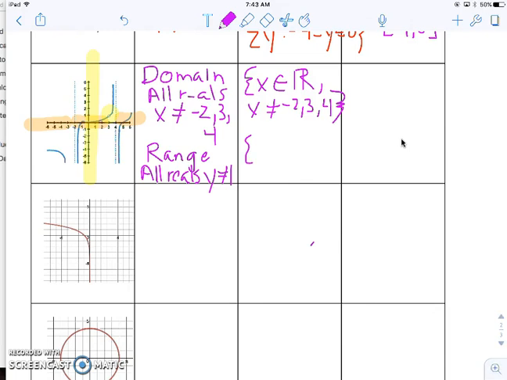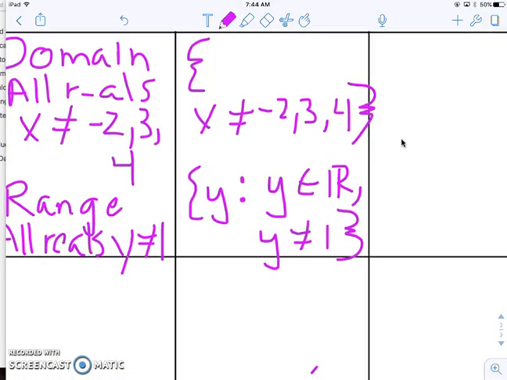And then we can do our y such that y is an element of the reals, except y does not equal 1. Oops, and I missed something up here. We have to have x such that x is an element of the reals.